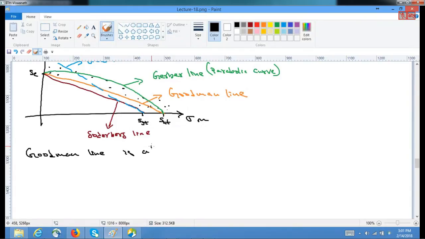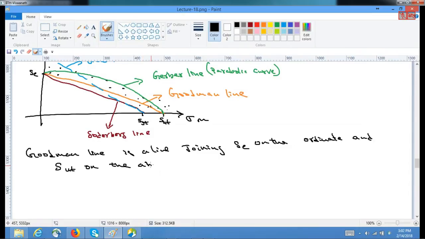It is a line joining SC on the ordinate and SUT on the abscissa. This is the Goodman line.